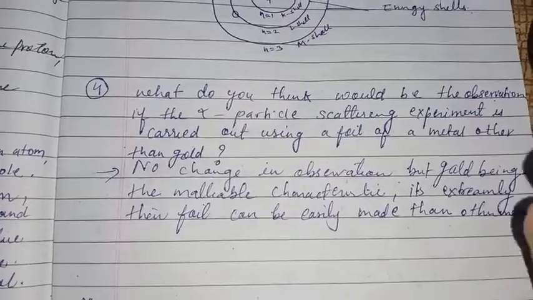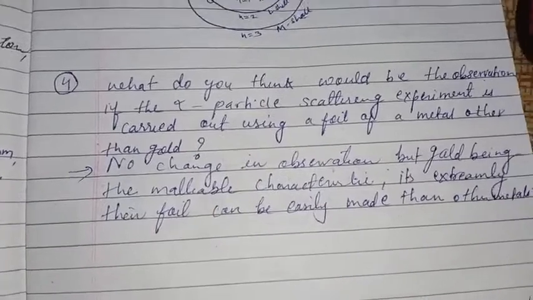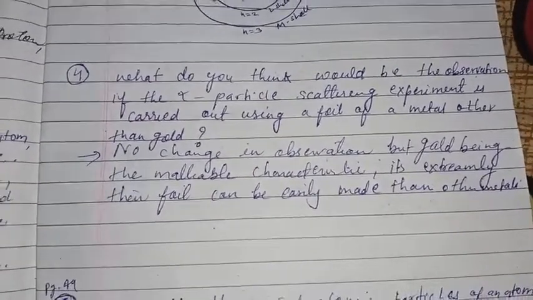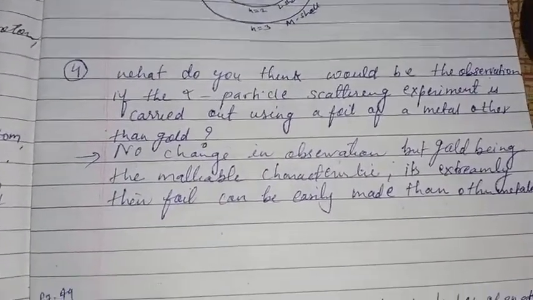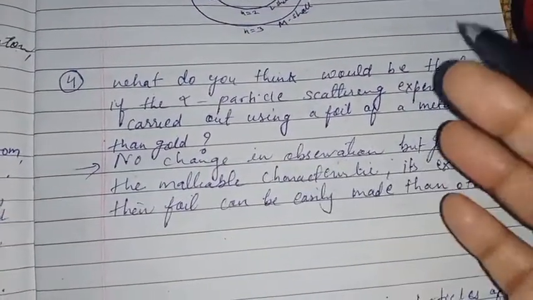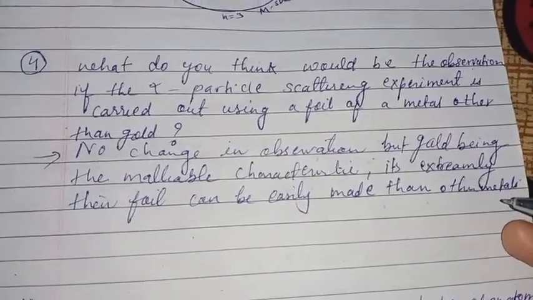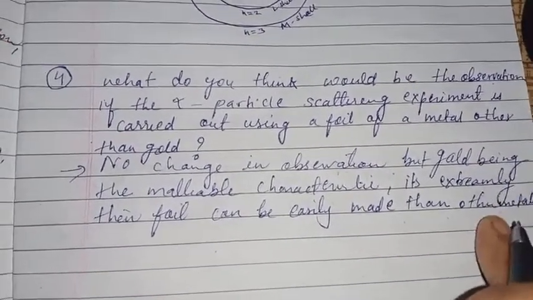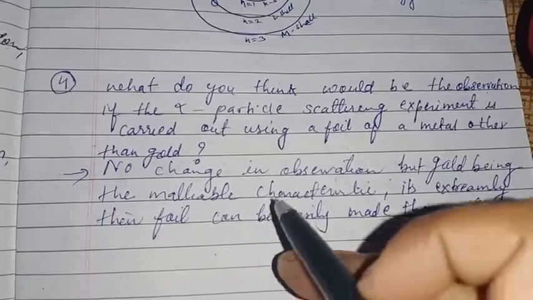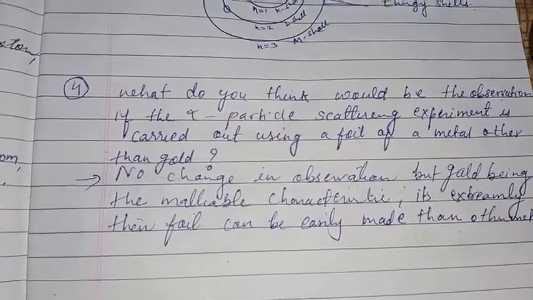Extremely thin foil can be easily made of gold compared to other metals. The other metals are not as malleable as gold. Foil can be made of them, but extremely thin foil is only possible in the case of gold, as it has the largest malleability.